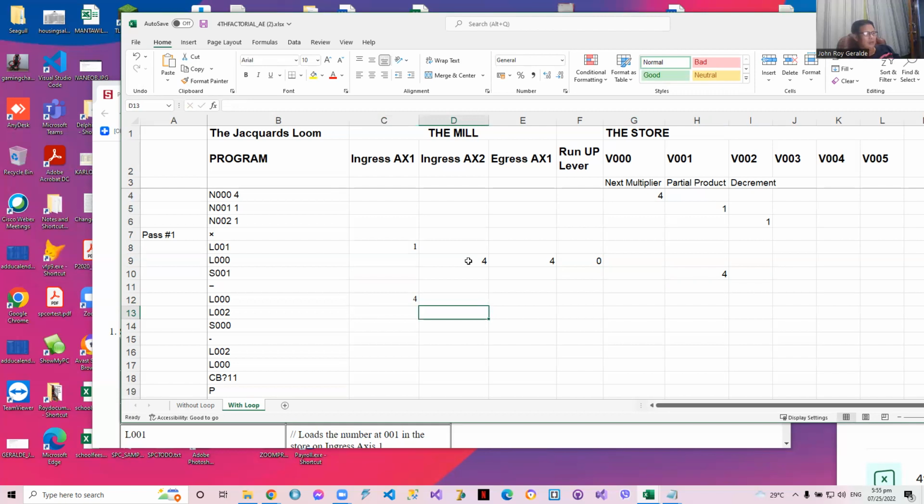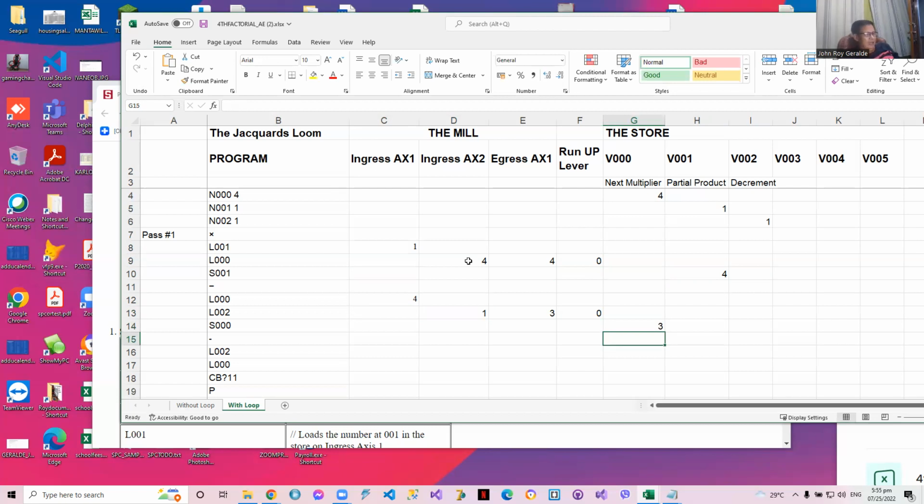What value is this? 1, because that's a decrement. So 4 minus 1? 3. What's the run-up lever? 0. And S000 now becomes 3. It's our next multiplier, okay?